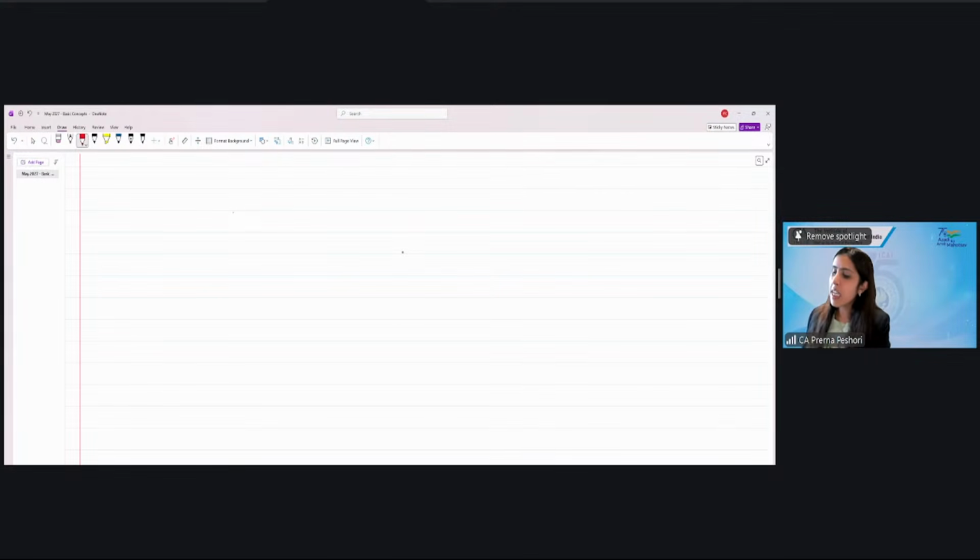So you get the higher slabs and lower tax rate, but you will not claim many deductions and exemptions, so that it is easier for the government to verify your income tax return.